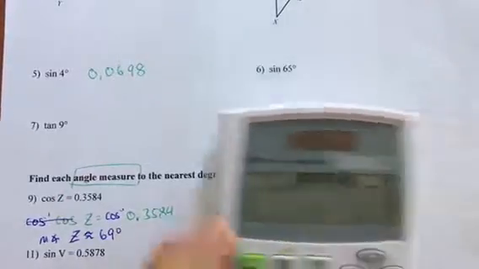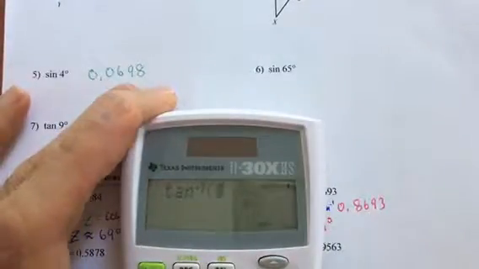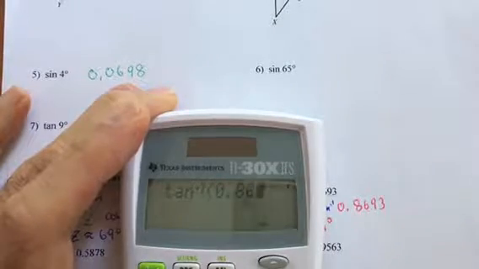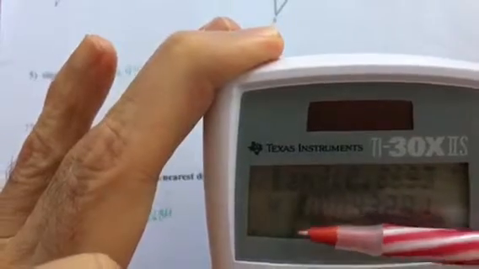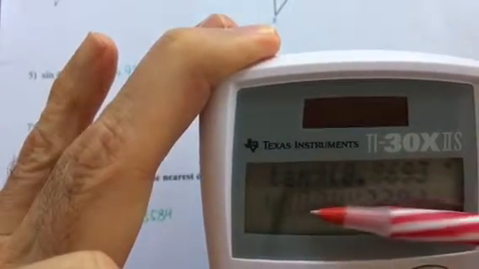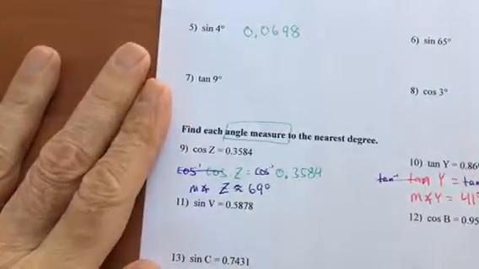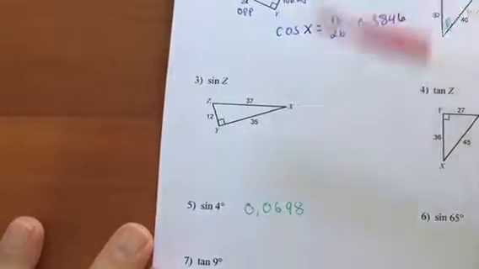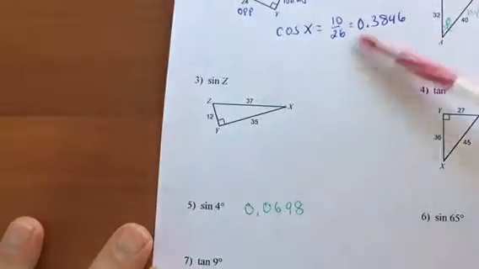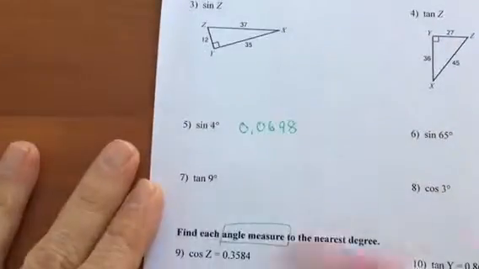Inverse tangent 0.8693. 41 degrees with very good rounding. Okay. That's how I want you to take care of these guys. On the back side, you're going to be combining this skill with this skill to solve like we just did up here. So hit pause, finish these 4 left, and go to the back side.